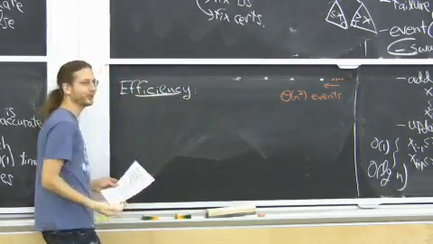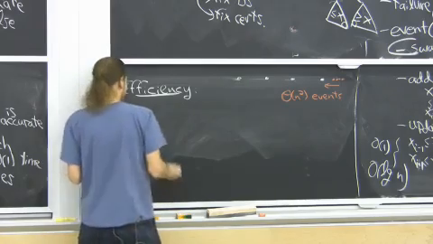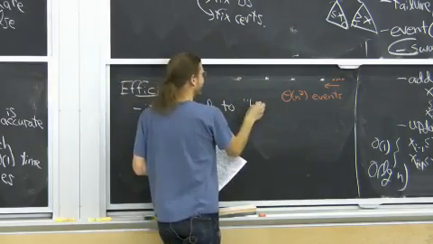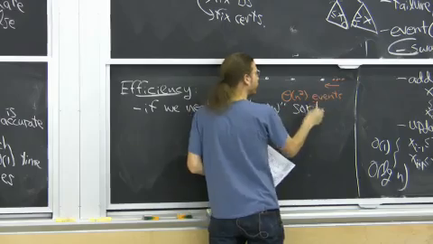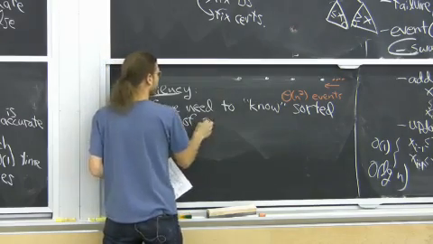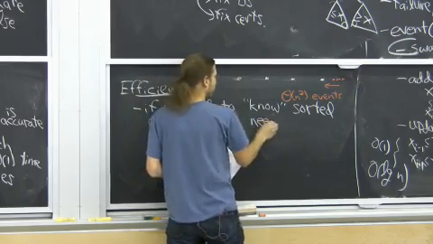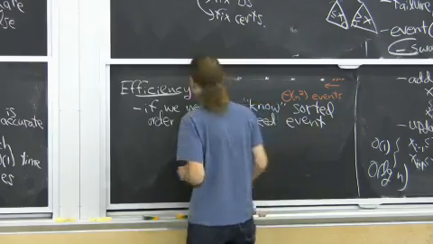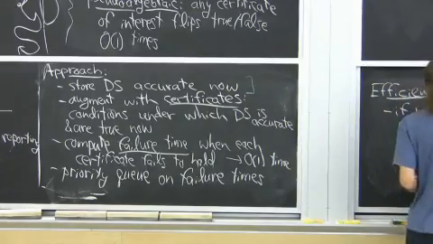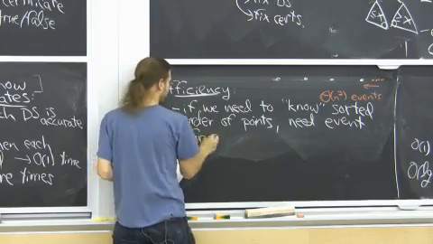If you want to maintain predecessors, let's put it this way, if we need to know the sorted order of the points, and if we're going to keep a data structure that is always accurate now, so this is sort of an assumption, then you need an event every time you have an order change.